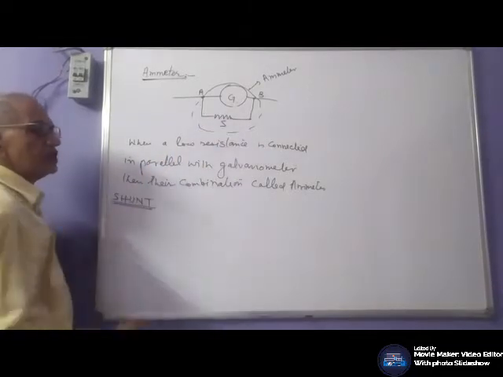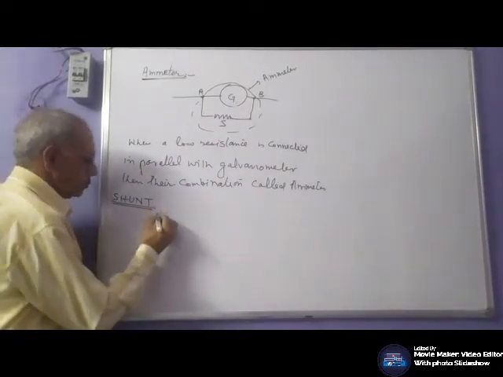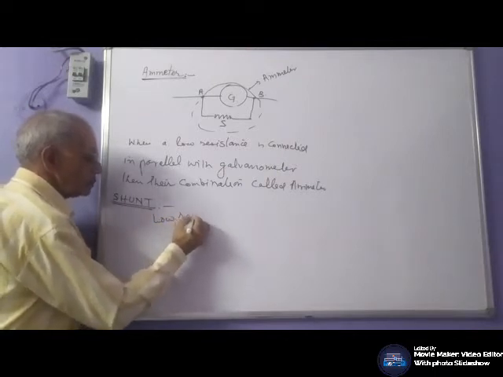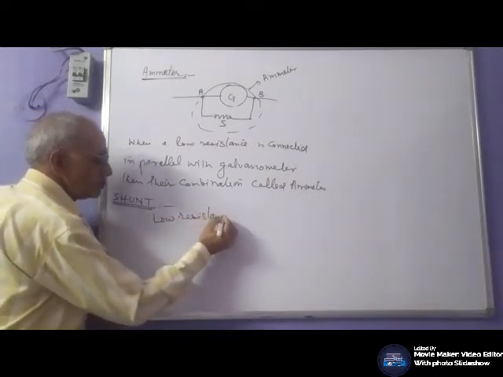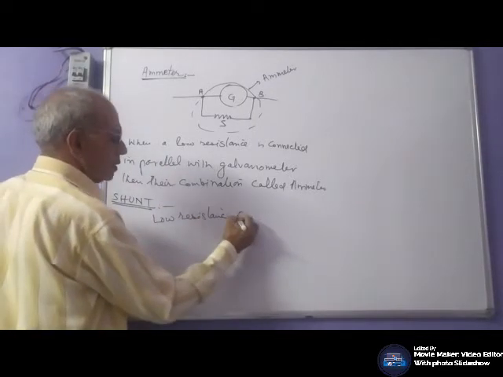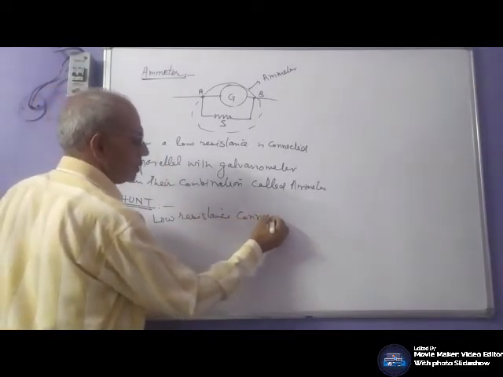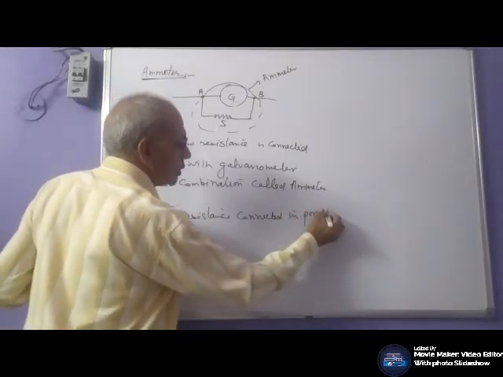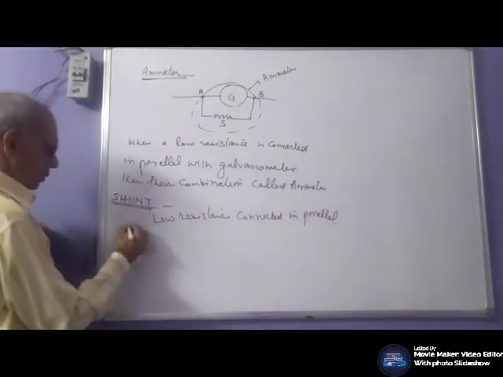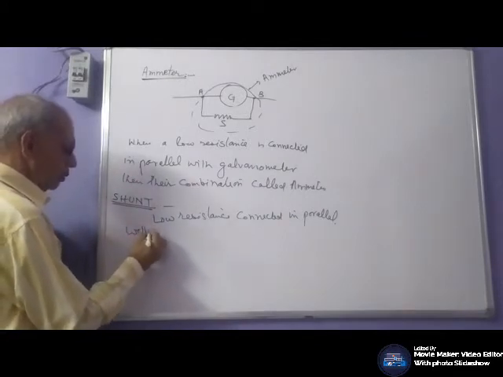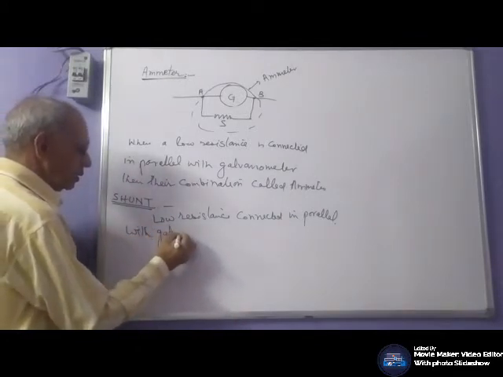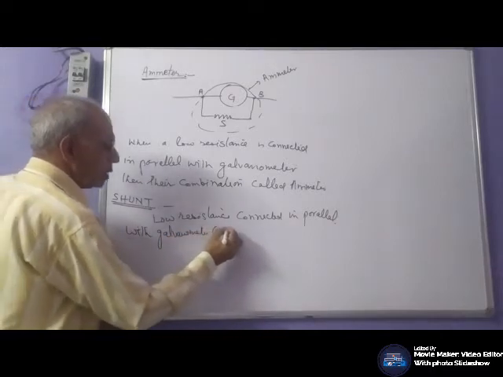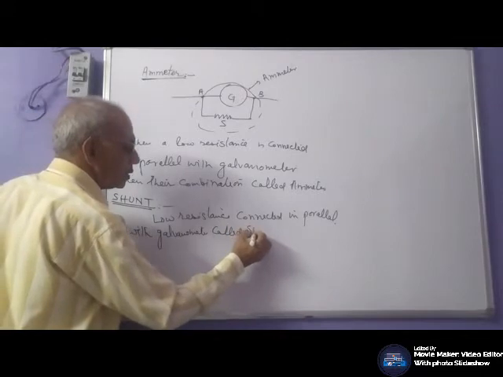This low resistance is the shunt. A low resistance connected in parallel with the galvanometer is called what?